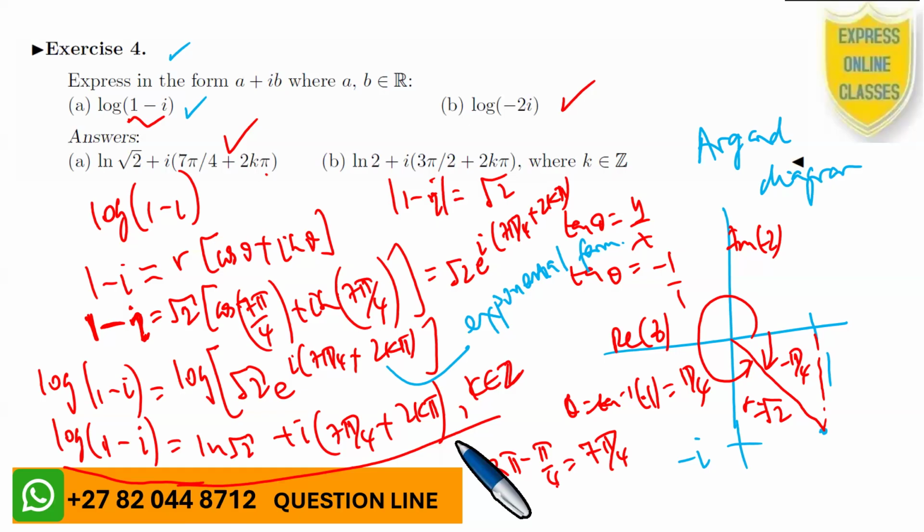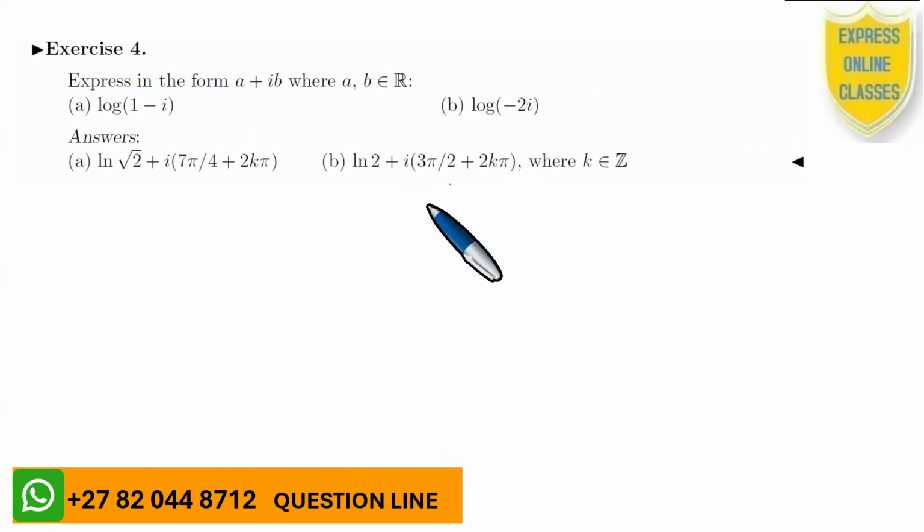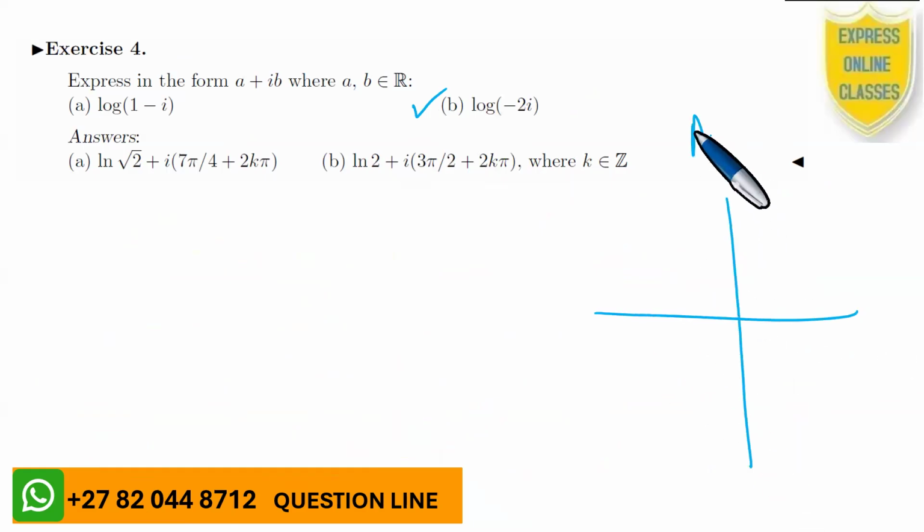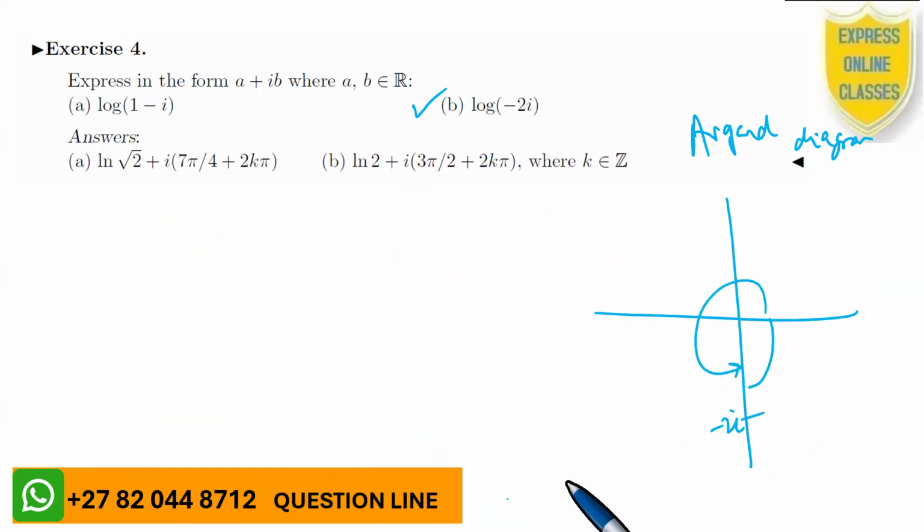Okay, so now let us look at part B. Right, part B would be you must first draw the Argand diagram. And then you have -2i. And then you're going to measure this angle here.